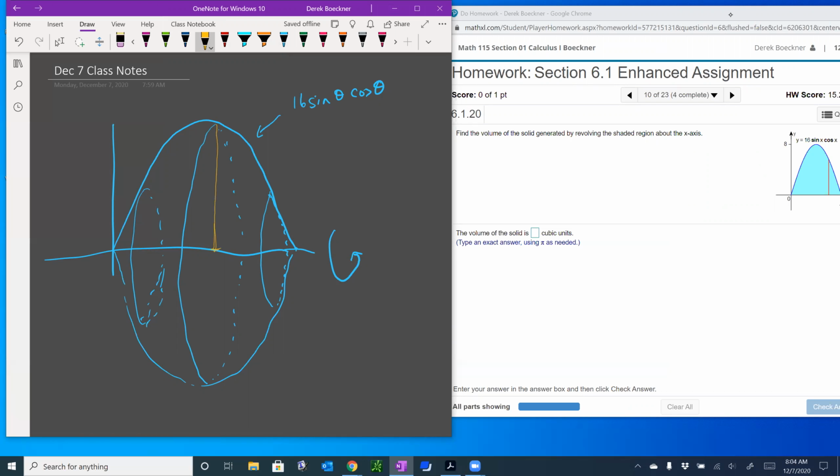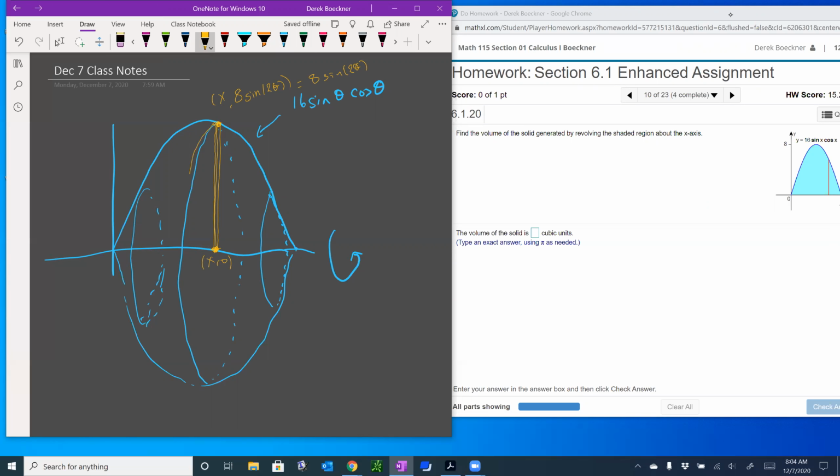So I got this slice, and I want the top point and the bottom point for sure. This is going to be at x comma, this is equal to 8 sine of 2 theta. Now this is going to be at x comma 0.